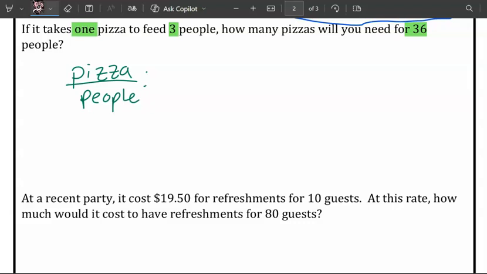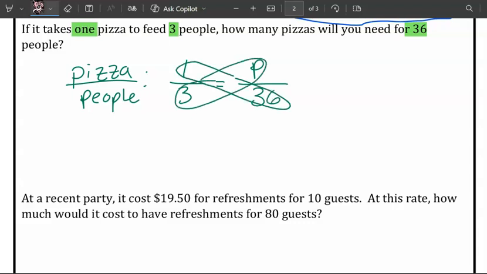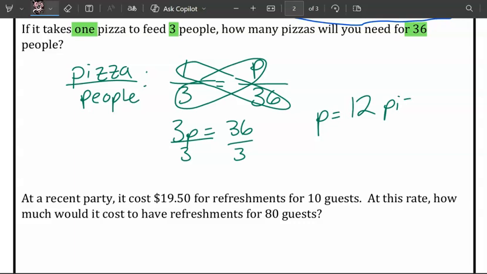Just make sure you're consistent with how you set up your proportion. 1 over 3 equals something over 36. Okay, cross multiply. 3p equals 36. Divide by 3 each side. P equals 12 pizzas to feed 36 people.